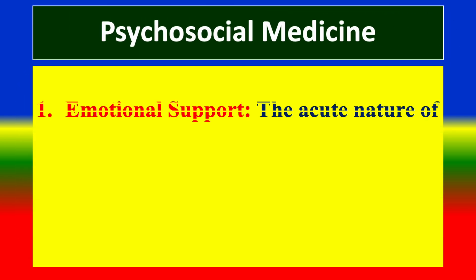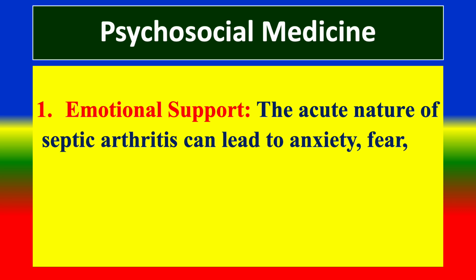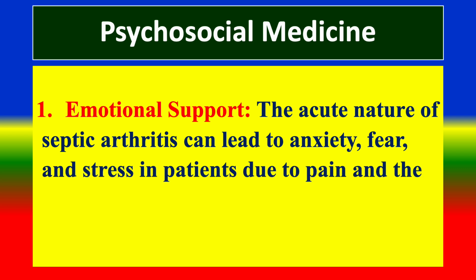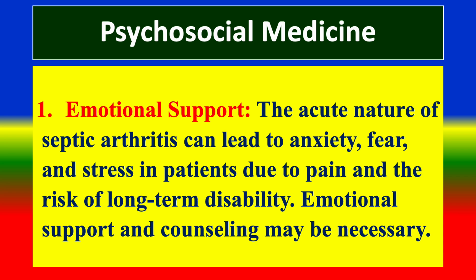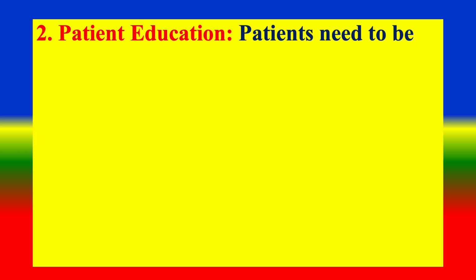Psychosocial medicine. 1. Emotional support. The acute nature of septic arthritis can lead to anxiety, fear and stress in patients due to pain and the risk of long-term disability. Emotional support and counseling may be necessary. 2. Patient education.